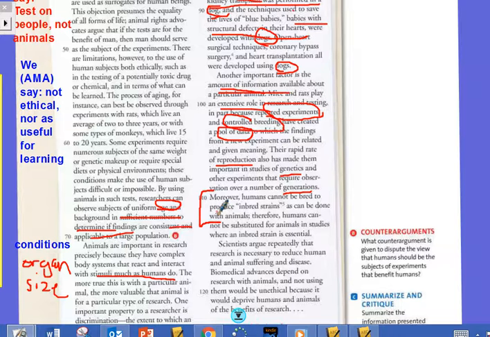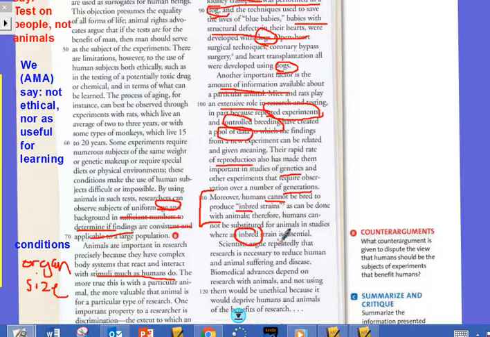It's morally a terrible thing. So it's not ethical. You cannot breed humans, and you certainly can't inbreed humans. But apparently they can do that with rats, and rats don't care. Therefore, humans cannot be substituted for animals in studies where an inbred strain is essential. So if it's a genetic study where they're looking at inbreeding to look at a particular gene, humans are useless for this. They can't breed humans.